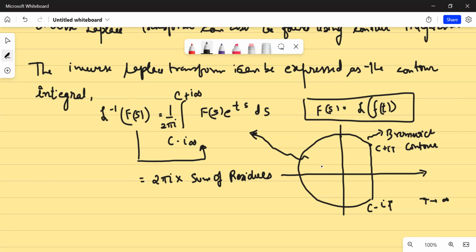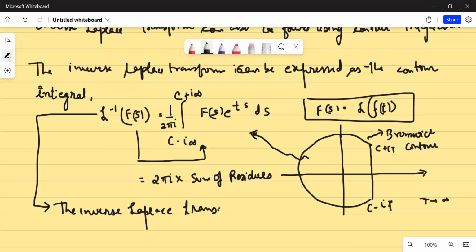Okay, so an equivalent to this particular statement can be that if I want to find the inverse Laplace transform of a function, L inverse F(s) is equal to f(t), is given by what?